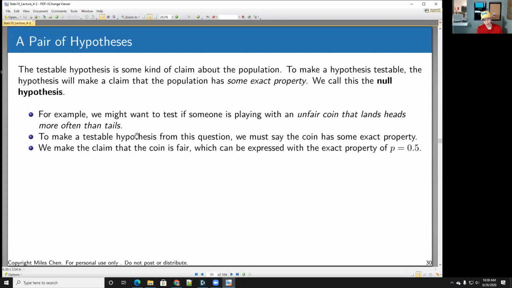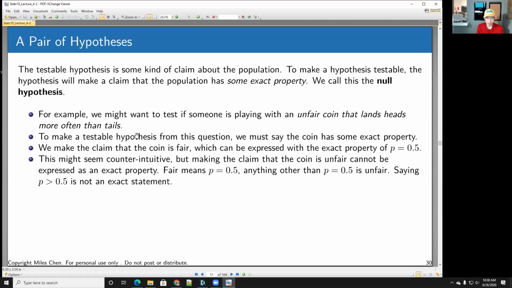We're going to start by making the claim that the coin is fair, and it has the exact property that the proportion it lands heads is 0.5. It seems a little counterintuitive because we want to know if the coin is unfair, that it lands heads more often than tails, and I'm saying the claim we have to make is that the coin is fair.